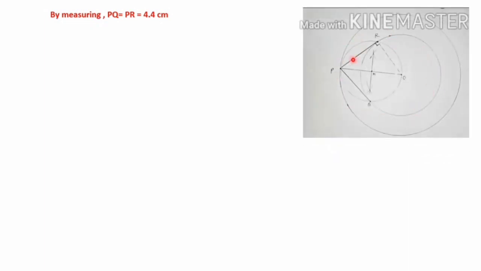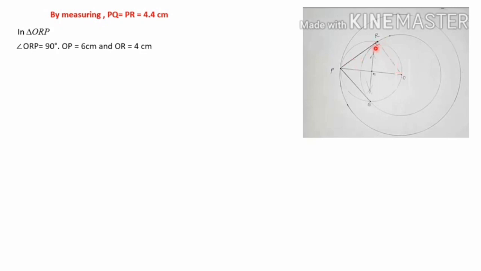This is the diagram which you have drawn, and we have to join O to R because we have to verify by doing the actual calculation. So we join OR, and in triangle ORP, angle ORP is equal to 90 degrees. ORP is this angle.